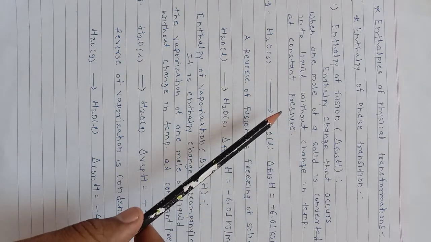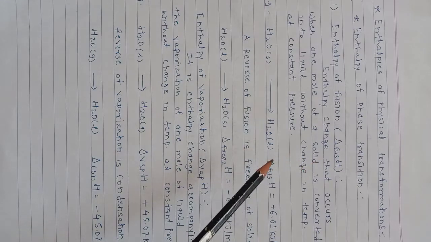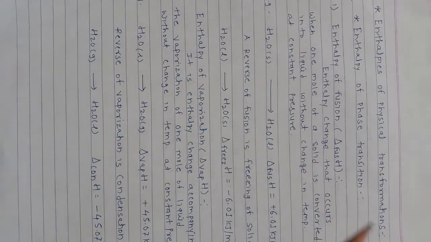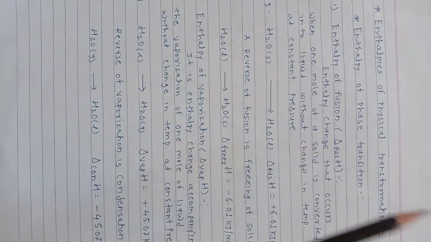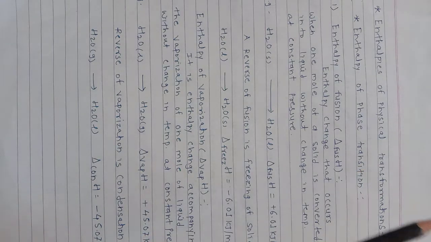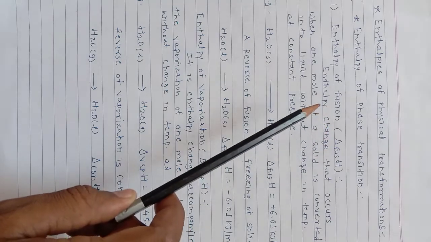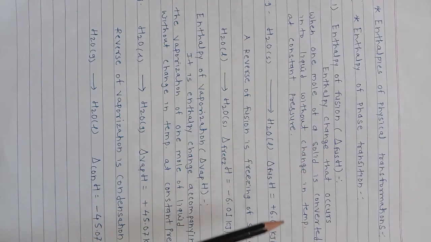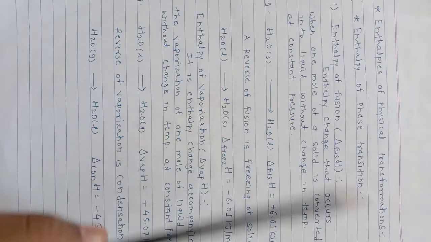This condition is required because if the temperature changes, then solid is converted to liquid, and again liquid is converted to gas. The process continues if a change in temperature is possible. Therefore, the words without change in temperature at constant pressure are a must.